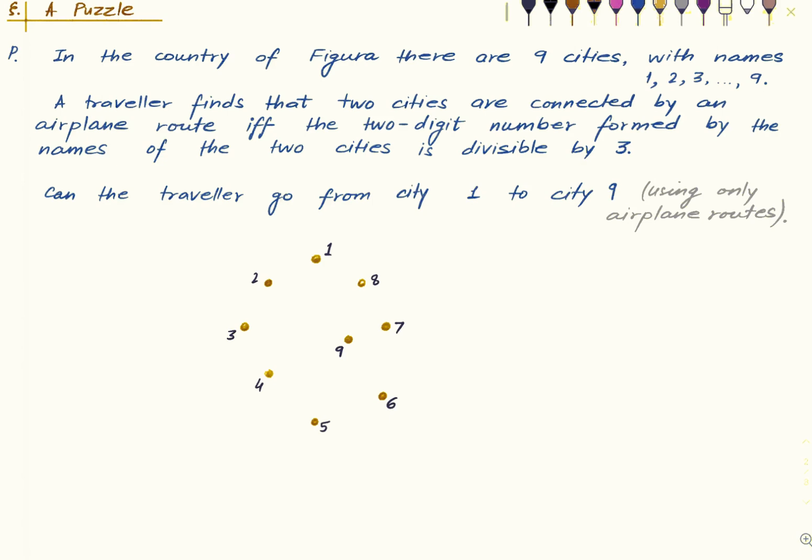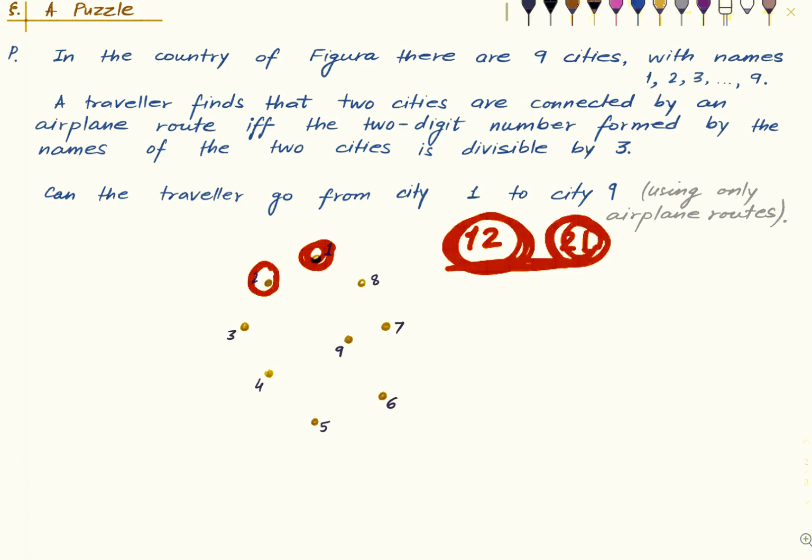So for example, 1 and 2: the 2-digit numbers that you can form out of it are 12 and 21. If one is divisible by 3, then the other will also be divisible by 3, because divisibility by 3 only demands that the sum of all the digits is divisible by 3.